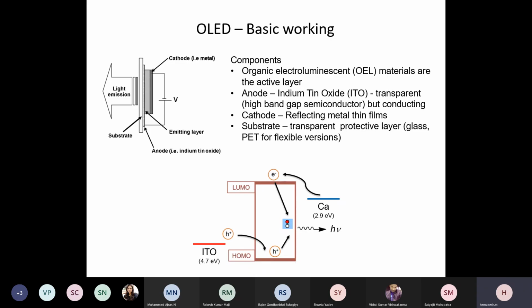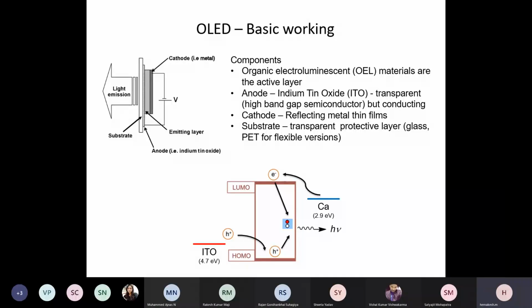But the simplest design includes an emitting layer or organic electroluminescent layer, which is the material that is responsible for the acceptance of the charge carriers and allowing the charge carriers to recombine, electron and hole in the colloquial sense, not exact sense, because we don't know if the emitting layer is a polymer or a small molecule.